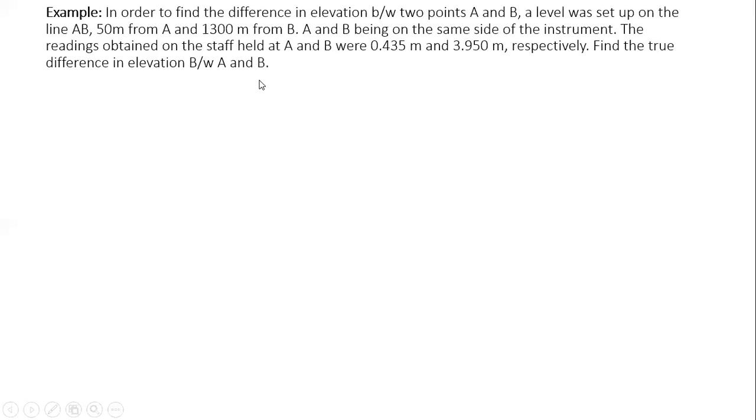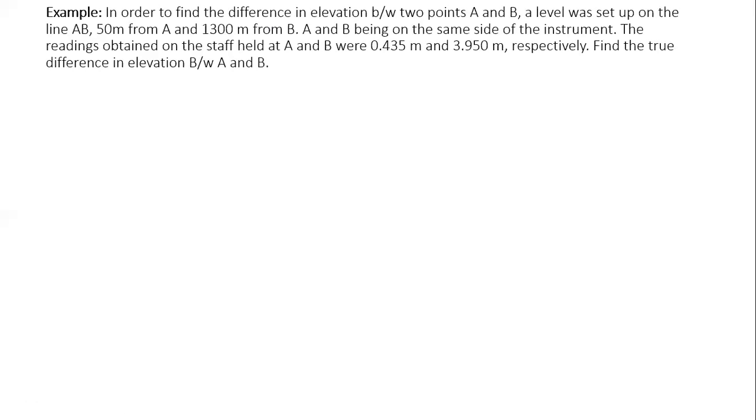So here in this problem, as I told you in the class, if the distance from the instrument to the staff is less than 200 meter, there is no appreciable error due to curvature and refraction. These errors are only appreciable after a distance of 200 meters. So here my point A is only 50 meter from the instrument.